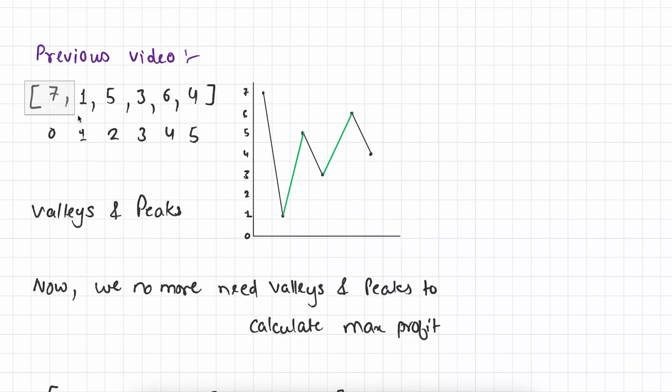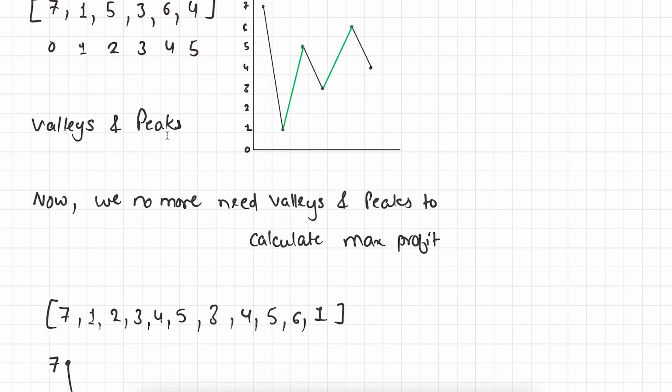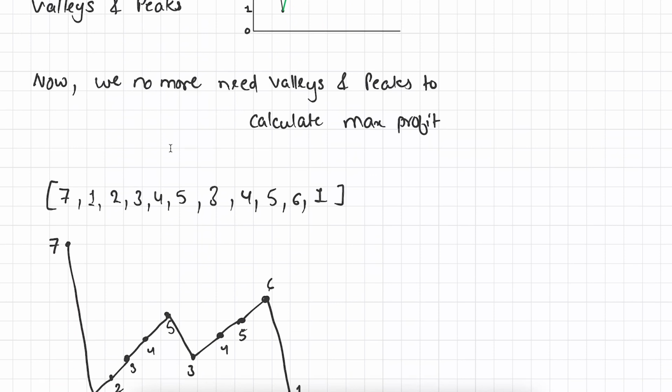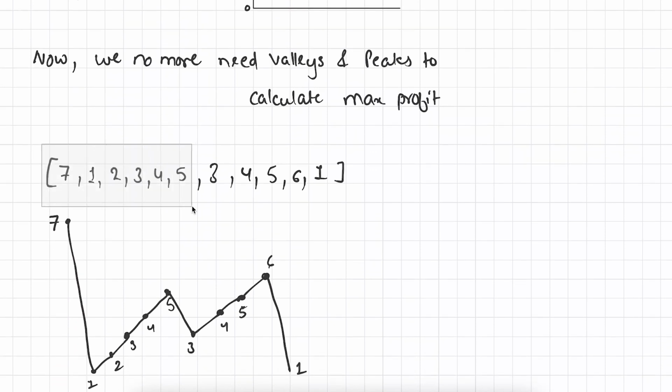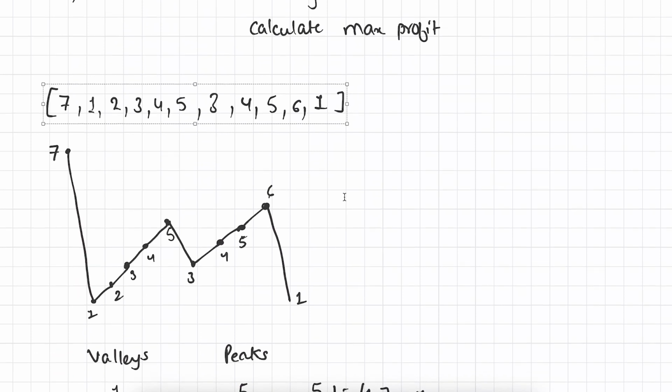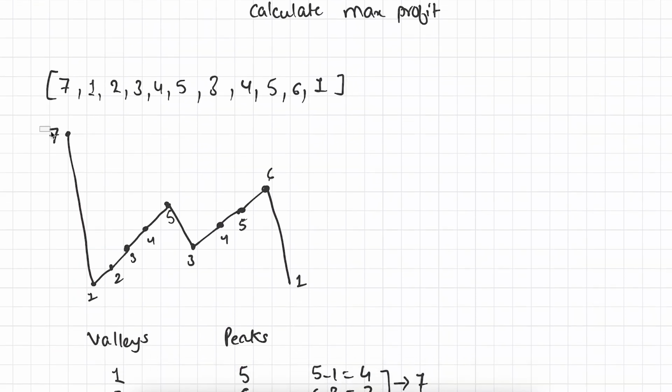Now if you look at this data, you can see that the stock price is fluctuating on alternating days. It means one day it is low, another day it is high, one day it is low, another day it is high. But what happens if we get data like this: 7, 1, 2, 3, 4, 5, 3, 4, 5, 6, 1. If you plot this data on the graph, you can see that the price of the stock is 7, then it goes down all the way to 1, and then it keeps going up and up till 5.